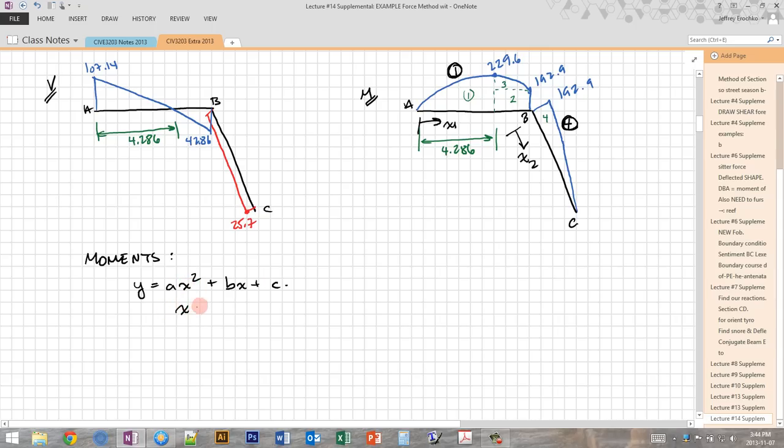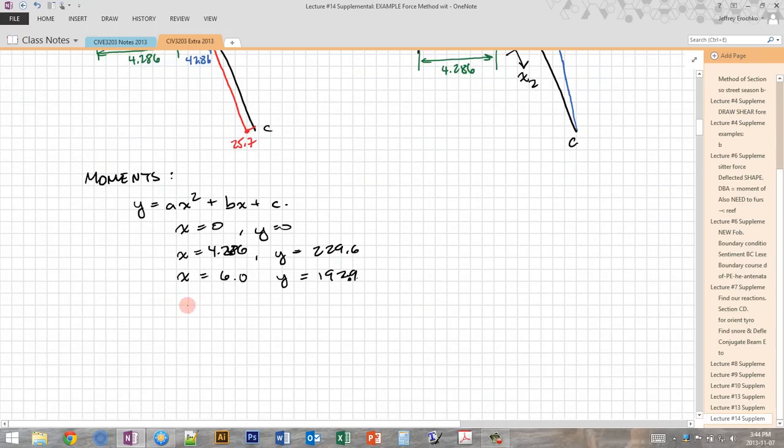And I'll leave this up to you. One of them is obviously going to be x equals 0, y equals 0. Then the other one that I chose is x equals 4.286 and y equals 229.6, and the last one is x equals 6.0 and y equals 192.9. So these are actually all of the points on the parabola that I've already determined, and there are 3 of them.